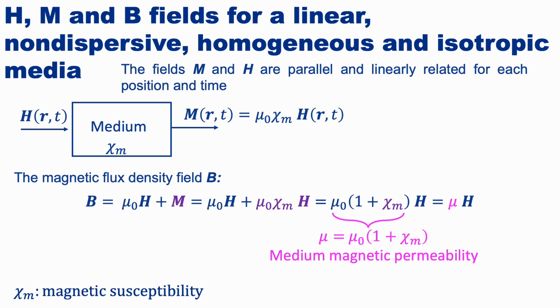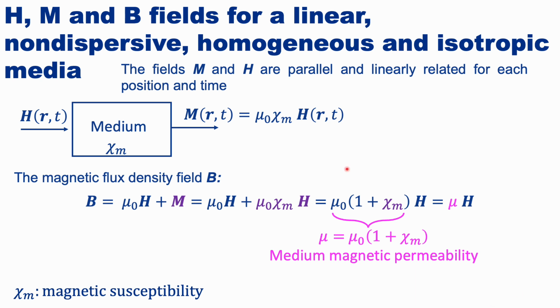Similarly, we can have the same derivation for our magnetic field if we are assuming that the system is linear, non-dispersive, homogeneous, isotropic. So in that case, the magnetization field is going to be linearly proportional and parallel to the magnetic field. So our magnetic flux density can be expressed as the medium magnetic permeability multiplied with the magnetic field.